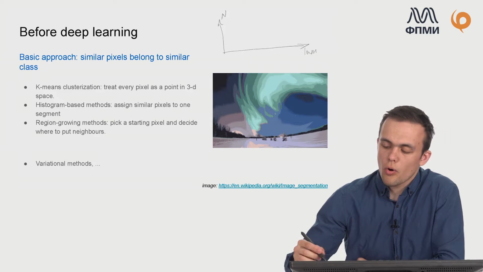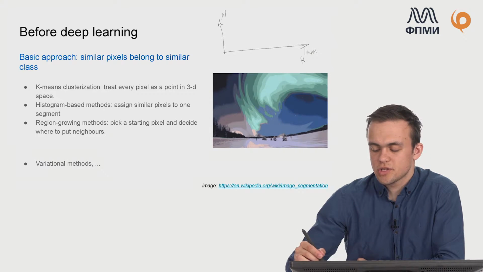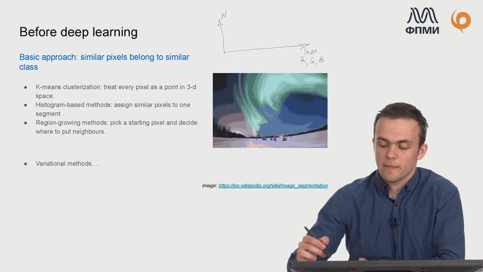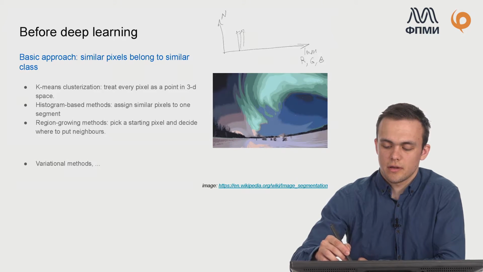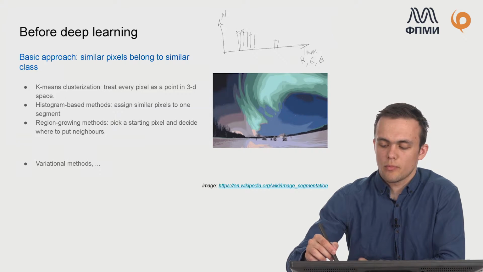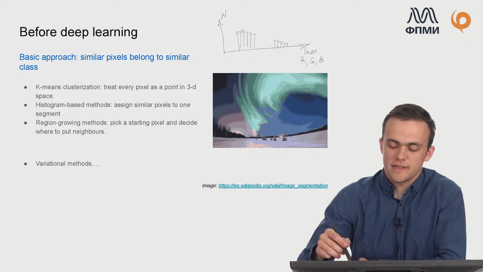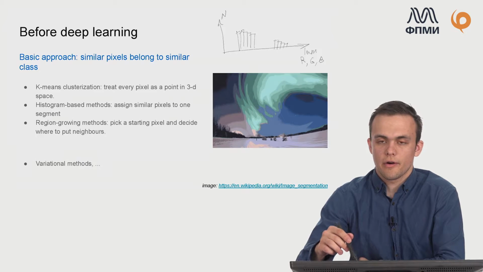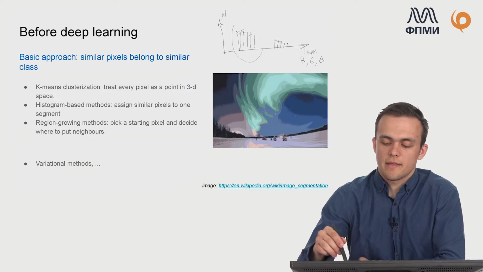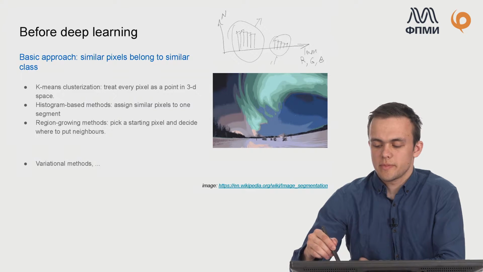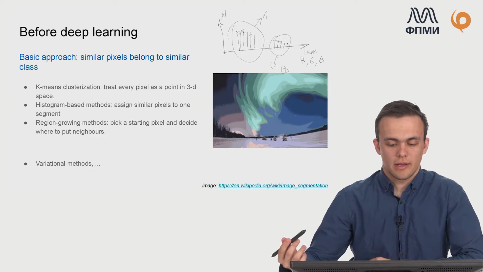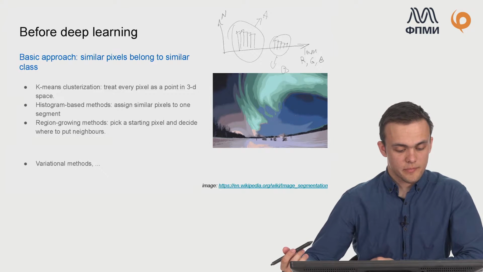We have luminosity here, or it can be a red channel amplitude, or G or B. So you can plot these histograms for several values, and if you obtain a situation where you have different bunches of pixels near some region, you can assign this one to class A and this one to class B. And this is how the early segmentation algorithms worked.